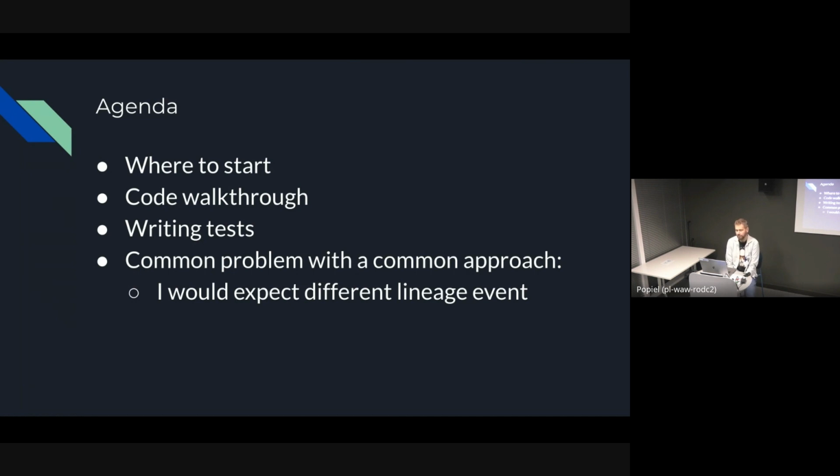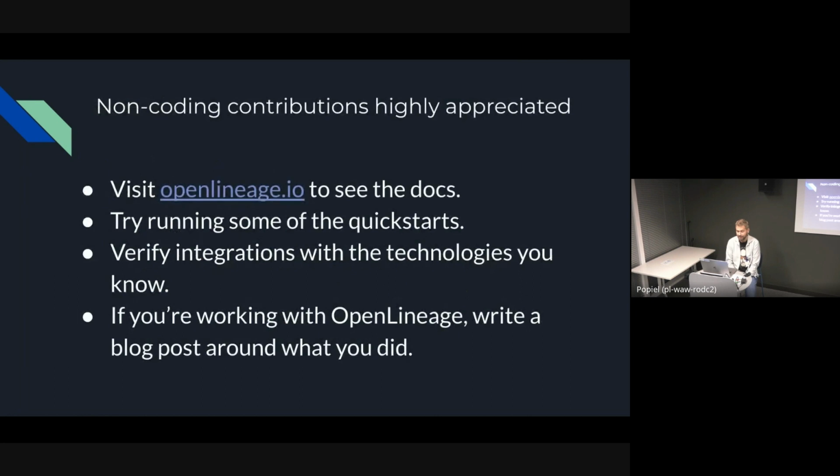And perhaps we could follow the path of a pretty common problem: I would expect a different lineage event. What shall I do? There are a lot of useful things you can do on your own.